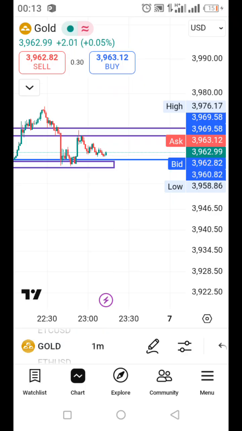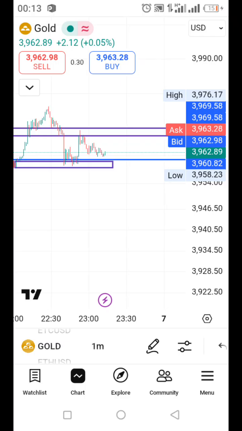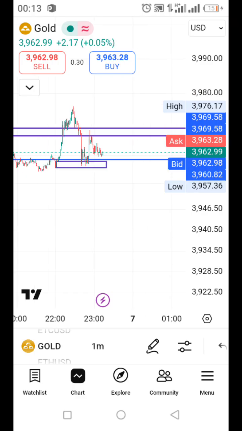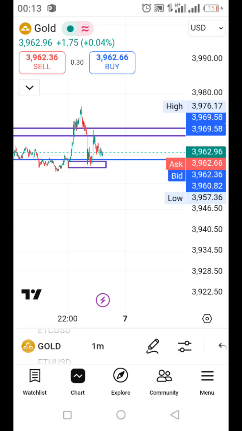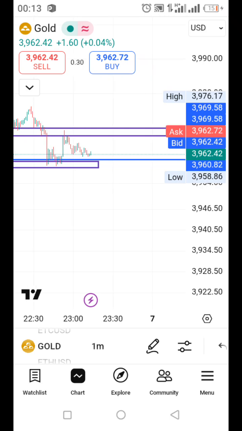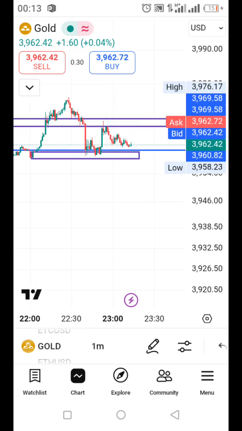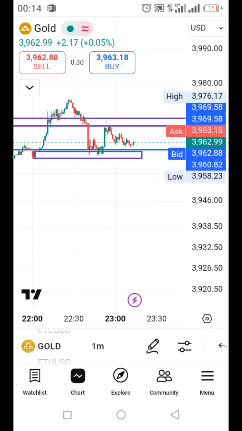I know that the price will move up. The price is going to move up. Although the market movement is not fast this morning, as time goes on, you see how the movement is going to be.